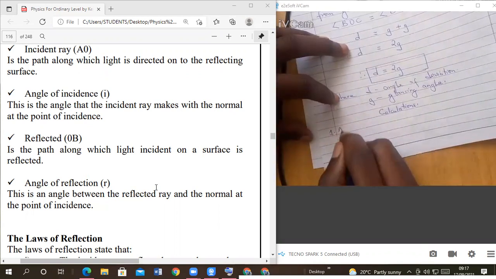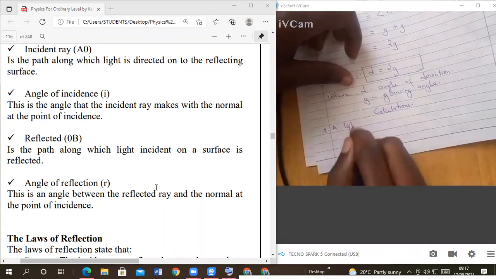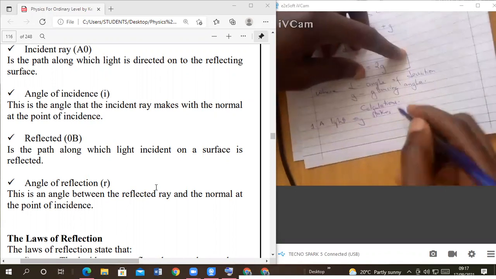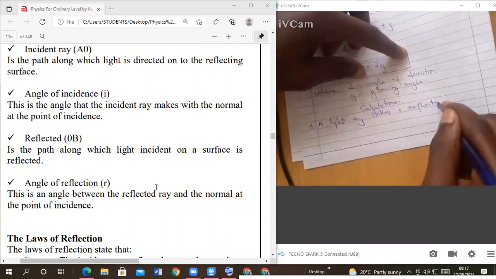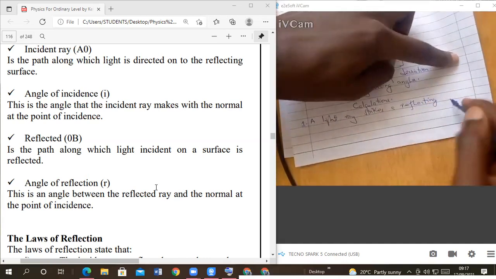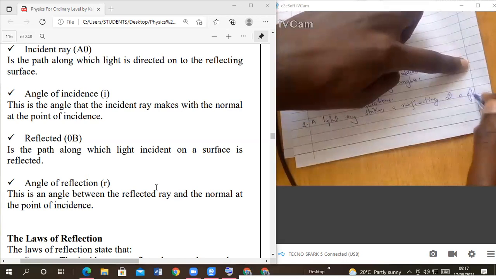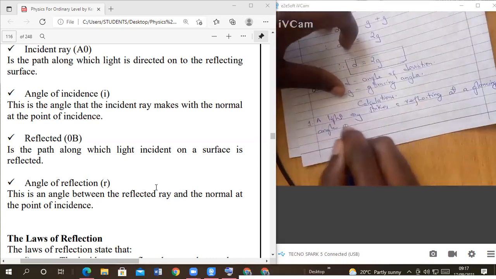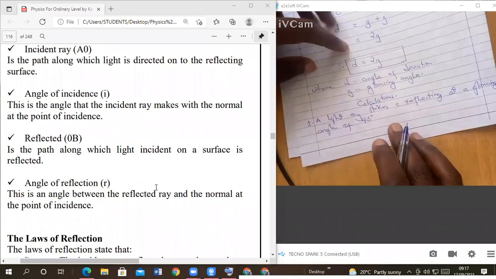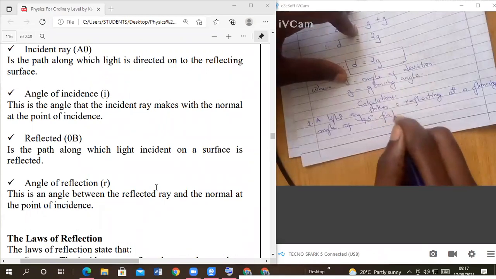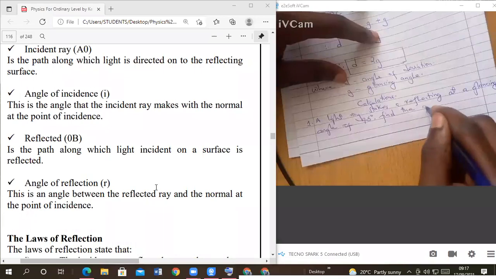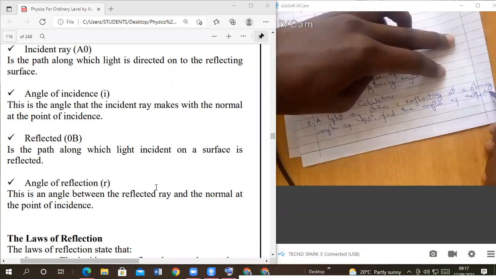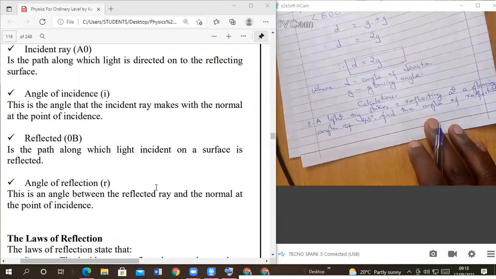A light ray strikes a reflecting surface at a glancing angle of 45 degrees. Find the angle of reflection.